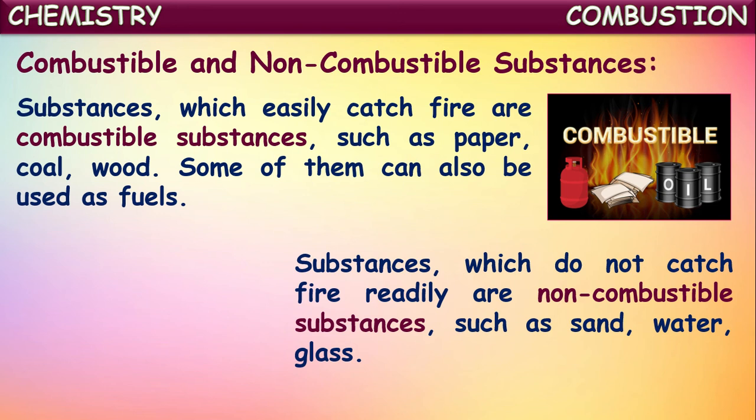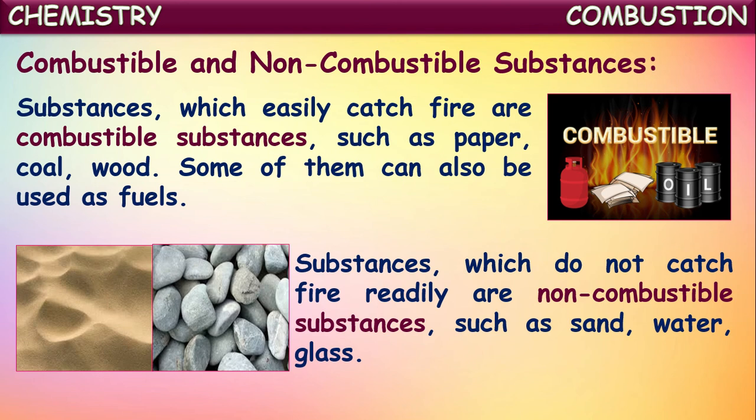For example, substances like sand, stones, rocks, water and glass will not catch fire, isn't it? They won't burn readily. That's why these substances are called non-combustible substances. The substances which can catch fire easily are called combustible substances, and the substances which do not catch fire readily are called non-combustible substances.